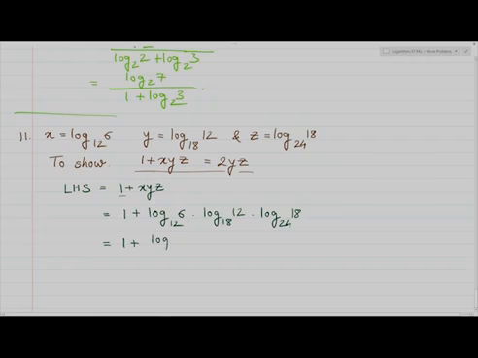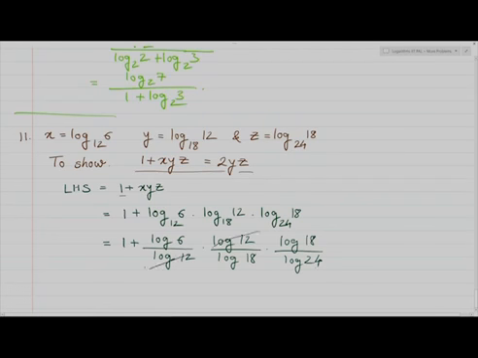So it is log of 6, I do not care about the base right now, upon log of 12, into log of 12 upon log of 18, into log of 18 upon log of 24, right. So whatever may be the base, log 12 cancels with log 12, log 18 cancels with log 18.